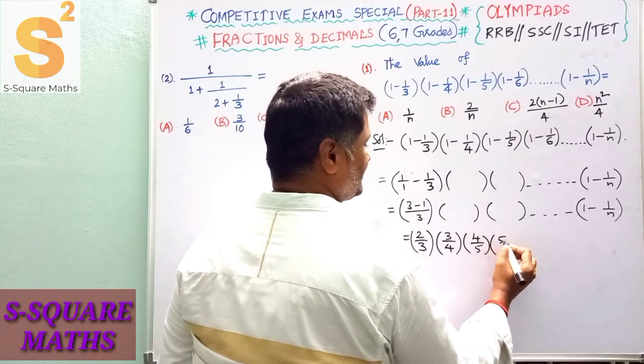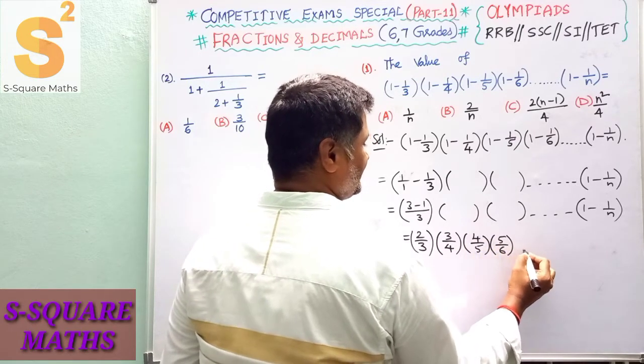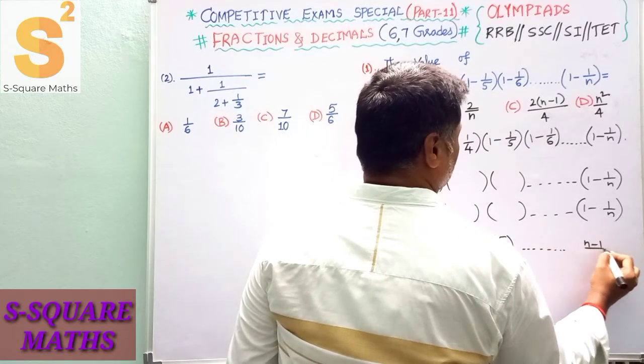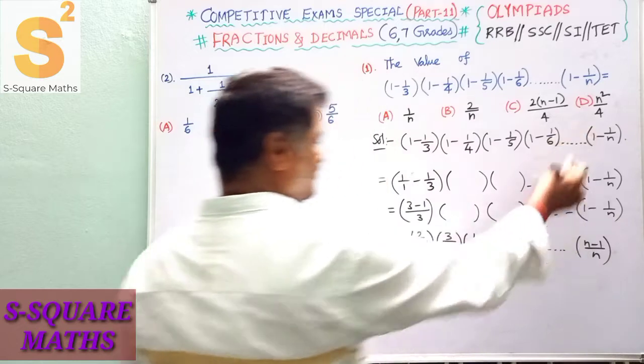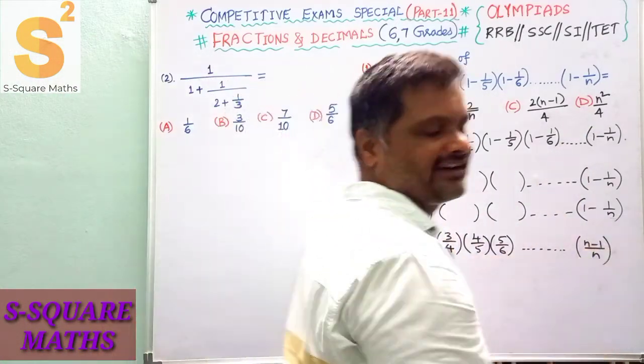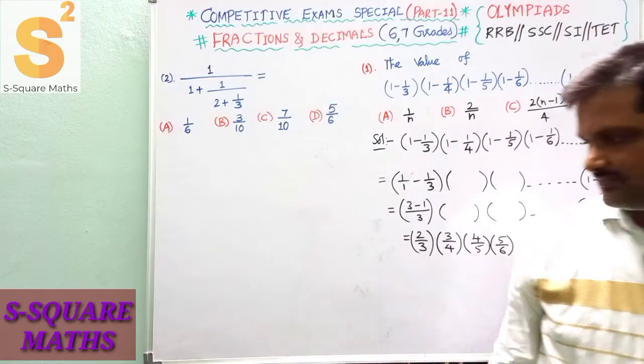Next 5 by 6, and next, n minus 1 by n, generalizing here or taking out the LCM. If you are aware of the first one, the remaining all you can write, that is a shortcut.